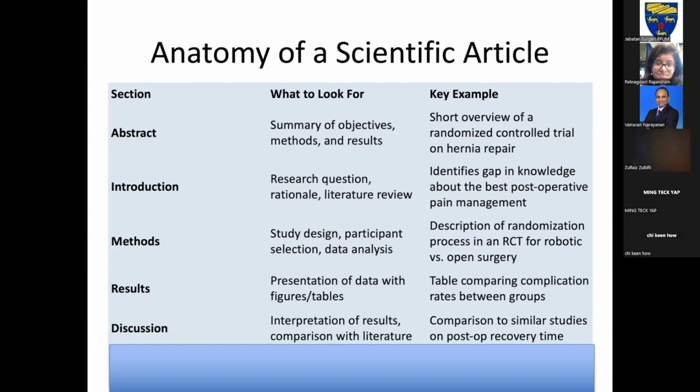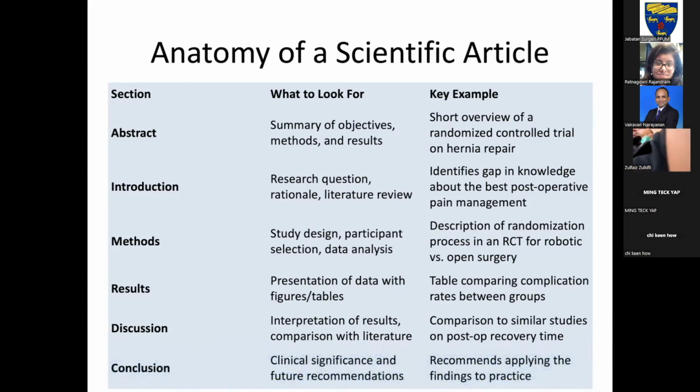And you compare them with the previous literature. That's what the discussion does. Because we've already introduced literature in the introduction, now we go back to the discussion and say, this previous paper explained that certain surgical techniques were superior to others. However, in our study, we found it similar or opposite or something other. So that's what you do in the discussion.